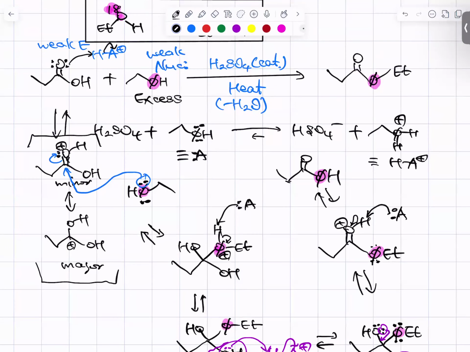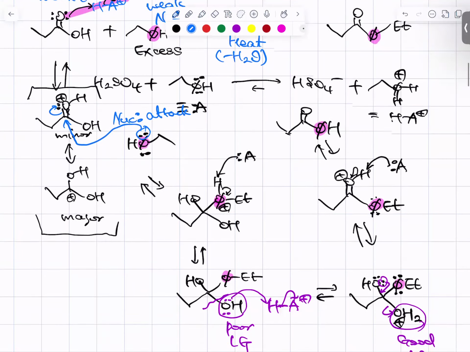Protonation is important. The first protonation is a very important one. And then nucleophilic attack. Let me write it clearly here. Nucleophilic attack is very important.